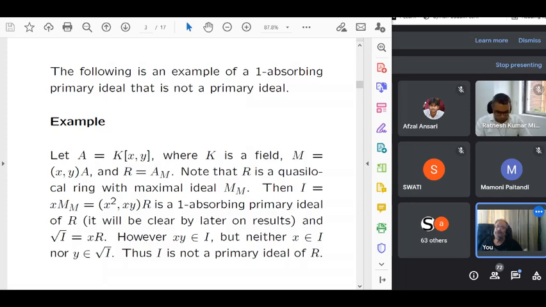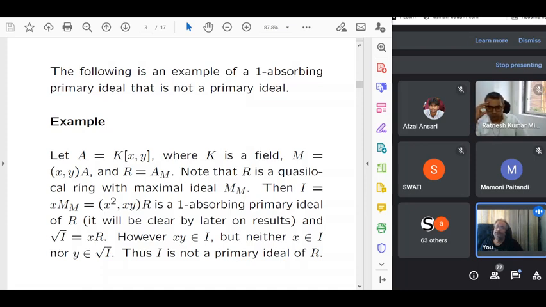Because if it turns out that the new definition will give you primary ideals, then why bother? So as you see, I started the paper with this example to show you that one absorbing primary does not imply primary. But maybe it will, I mean, when I proved that, I was so surprised.